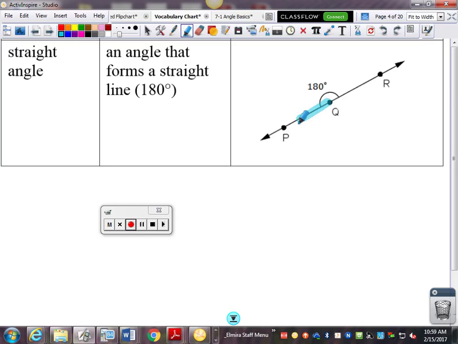You know, there's this side and this side, but instead of having a bend at that vertex Q, it's perfectly straight. So it's not one straight line, it's two rays, or two lines that are an endpoint and an arrow that come out of the same vertex that just happen to be in a straight line.